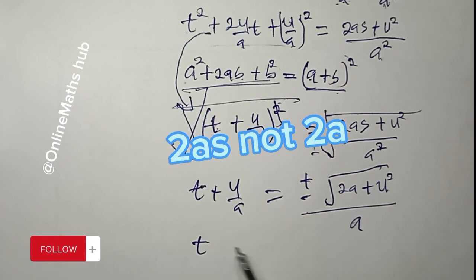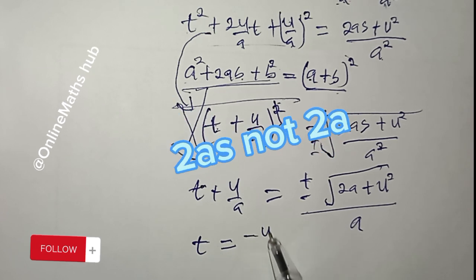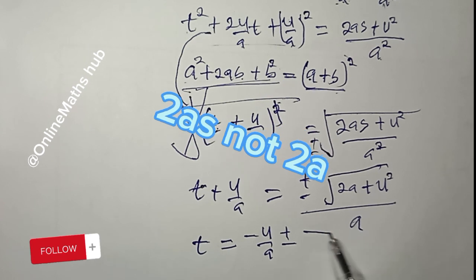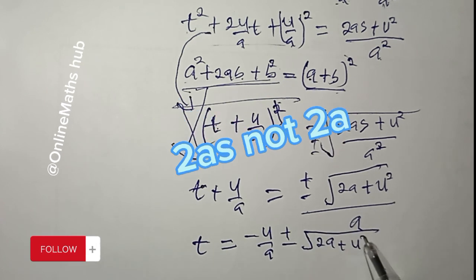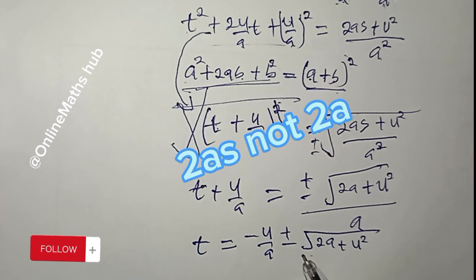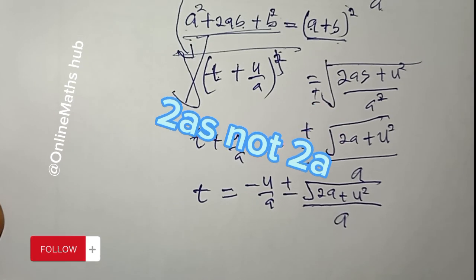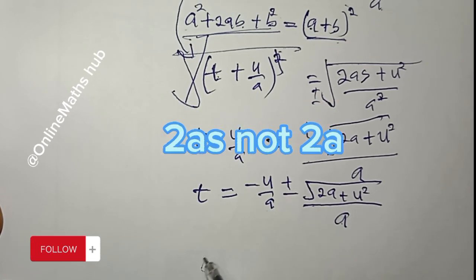So t will now be equal to, this crosses over and gives me minus u over a, and then plus or minus the square root of 2as plus u squared, also divided by a. Because they have the same denominator, I'm going to pick one.